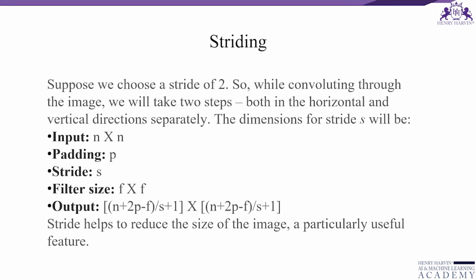The dimensions for stride s will be, say for example, input is n cross n, padding is p, stride is s, filter size is f cross f, and then this will be the output formula. The stride helps us to reduce the size of the image, particularly the feature.